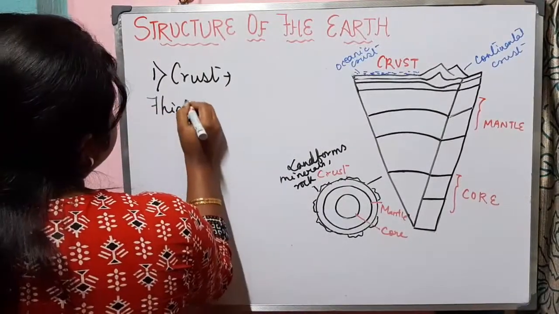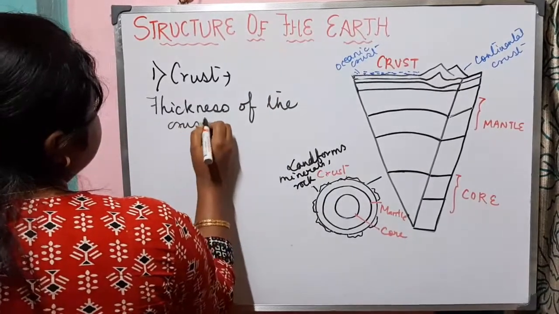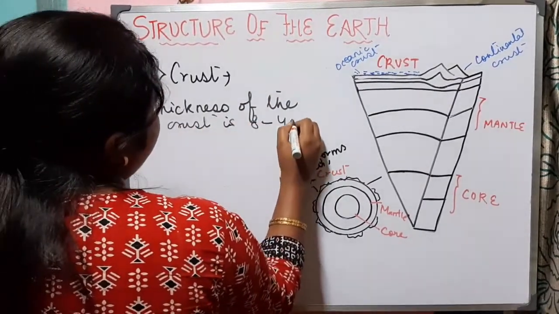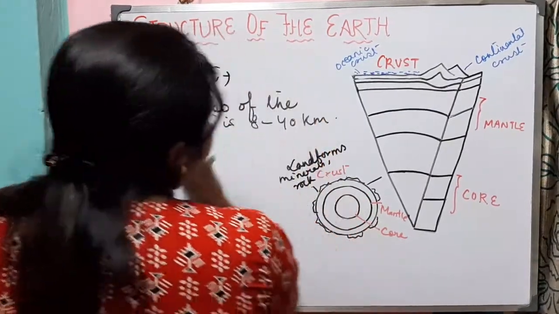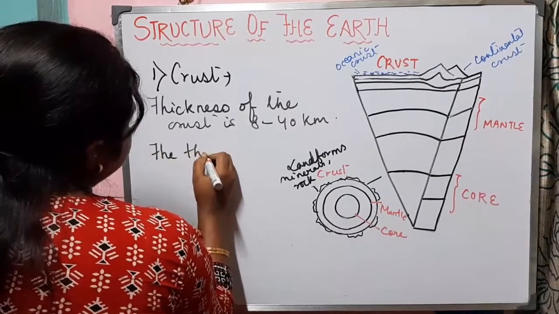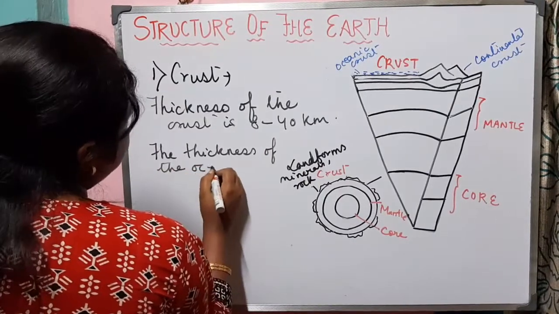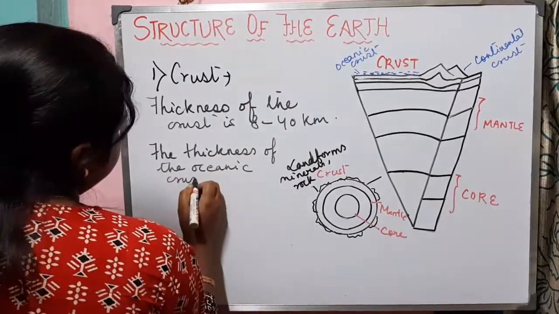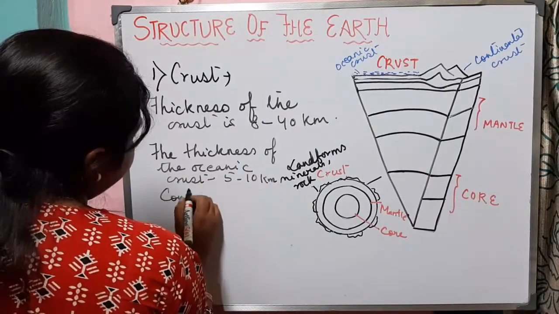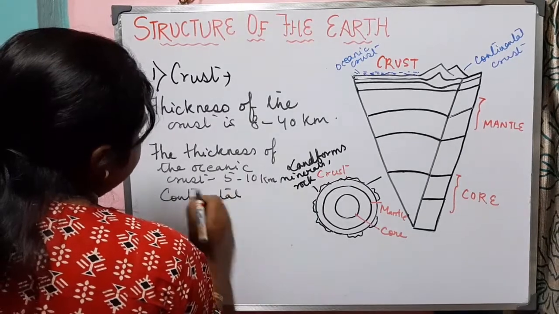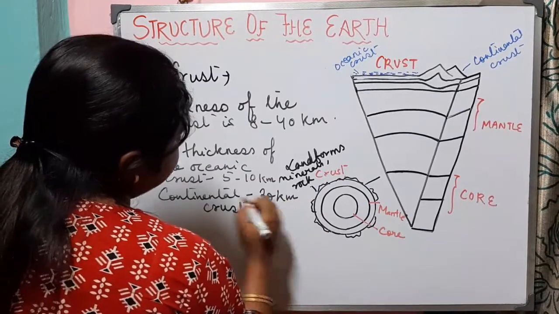The thickness of the crust is 8 to 40 kilometer, and if you talk about the oceanic crust, the thickness of the oceanic crust is 5 to 10 kilometer, and that of the continental crust is 30 kilometer.